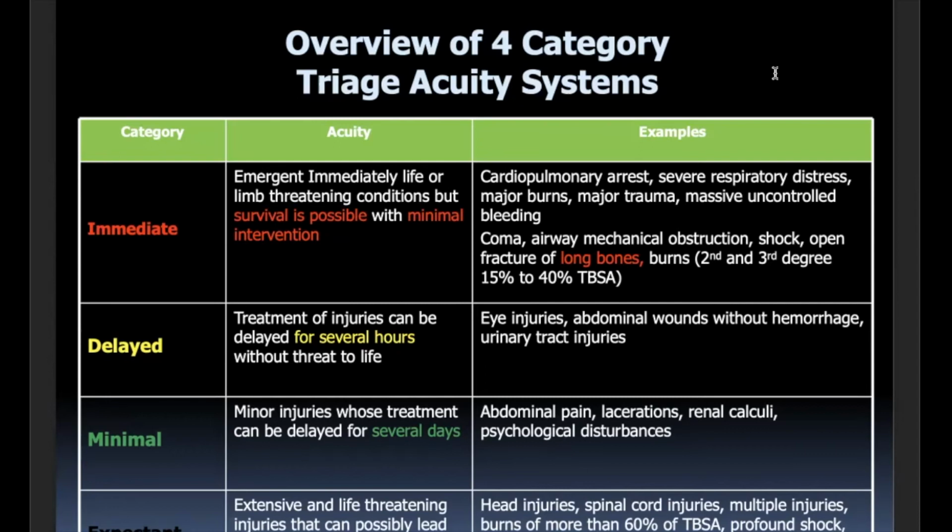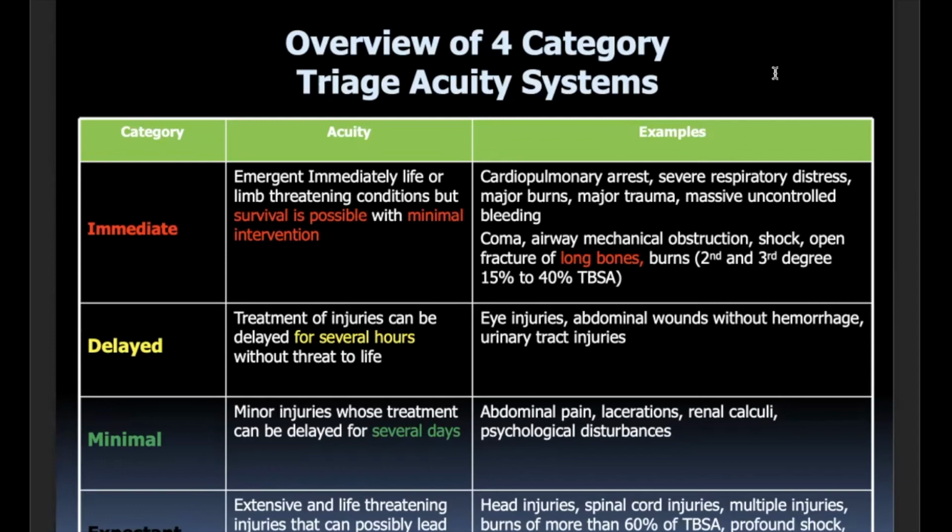Okay, your minimal is minor injuries whose treatment can be delayed for several days, and this one is colored green. Examples are minor lacerations, burns or other soft tissue or orthopedic injury without significant bleeding or neurovascular compromise.